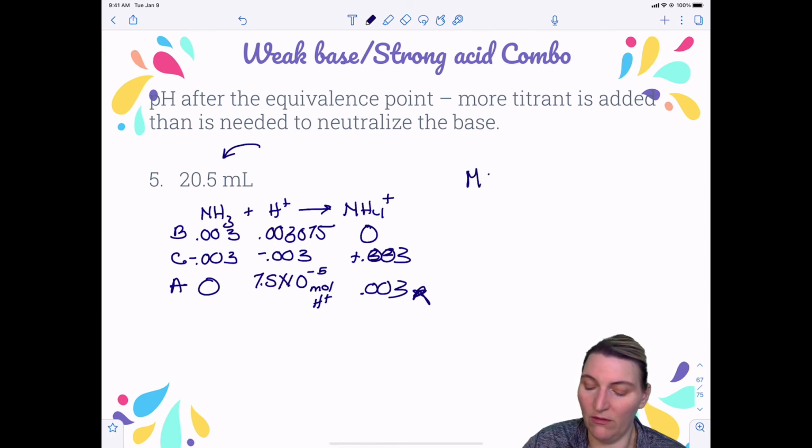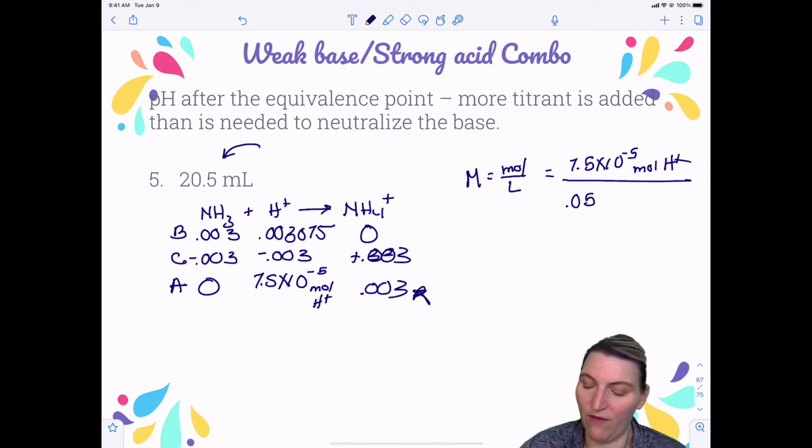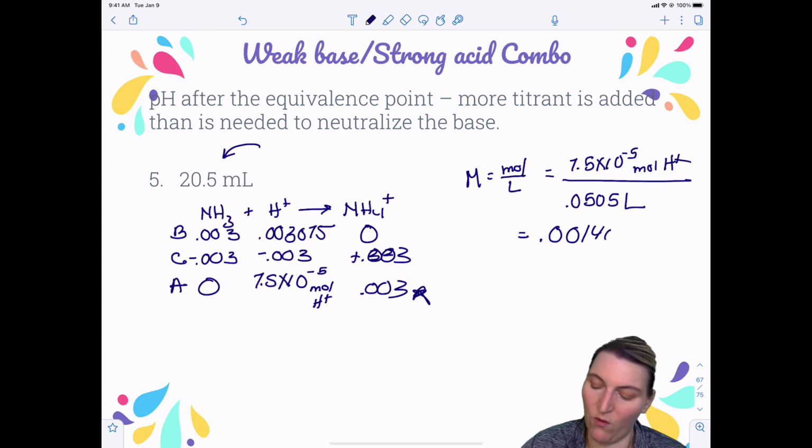This small amount of the ammonium ion is not going to affect the pH significantly. So now molarity equals moles over liters. The moles is 7.5 times 10 to the negative fifth. That's the moles of the H plus. Total volume 30 milliliters plus 20.5 milliliters is 50.5, or 0.0505 liters. The molarity of the H plus is 0.001485.